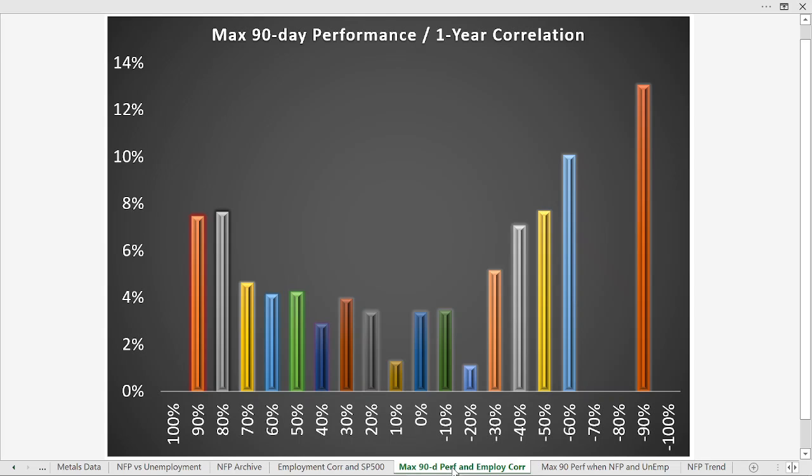So we would see, all the way to the right-hand side, a negative 90% correlation that represents the best returns. It averages, and this is the maximum amount of money we could make. We could make a maximum of 13% in the next 90 days when we see a non-farm payroll unemployment correlation of near negative 90%.